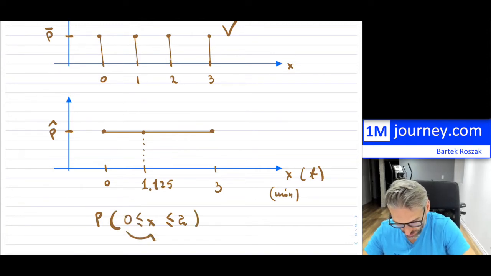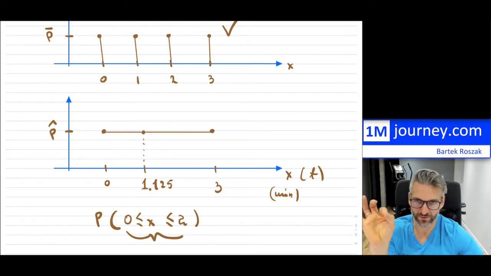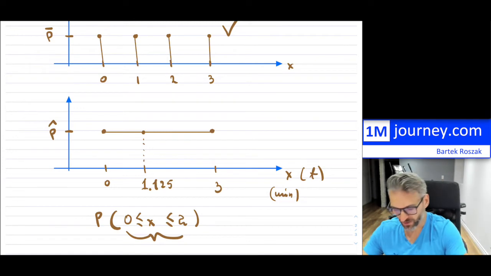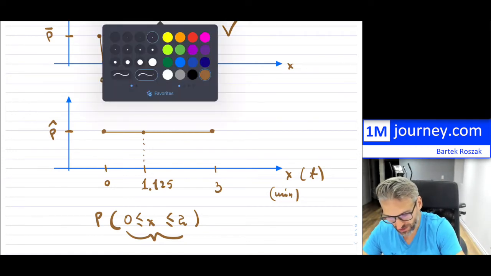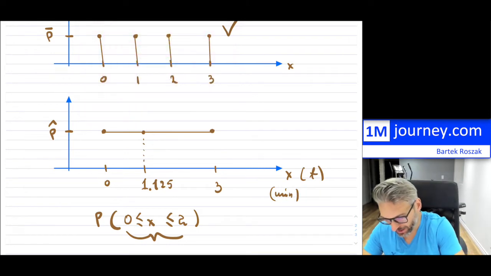So we now talk about probabilities of intervals, no longer of individual points. And then how do we calculate those probabilities? How do we do that mathematically? So our y-axis is no longer the probability, but instead it's the probability density.